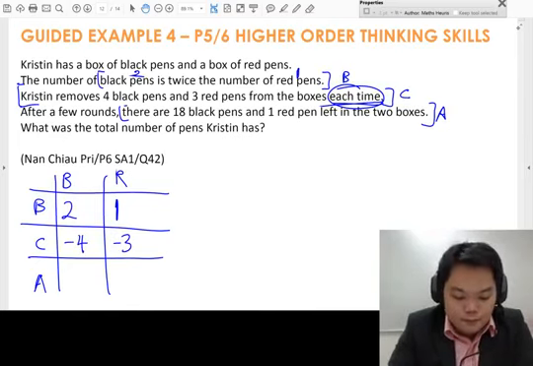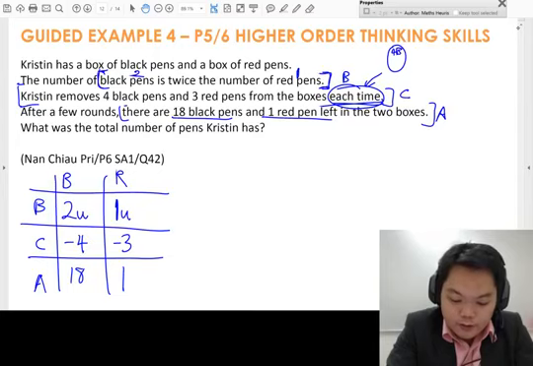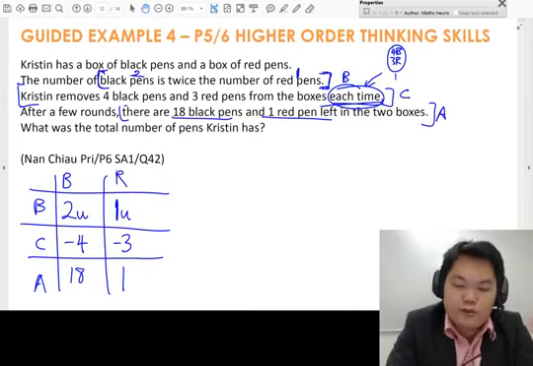Right, let us look at the situation first. For your black and red pens, the black and red will be 2 units and 1 unit in that proportion. Now for this change statement, why is it not just 4 and 3? Imagine this. You take 4 black, 3 red once.